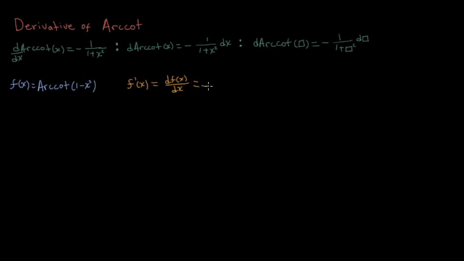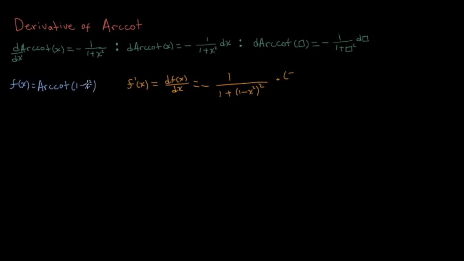So we would write negative 1 over 1 plus this entire term squared. So we'll go 1 minus x squared, squared. And then we're going to multiply this by the derivative of x squared.